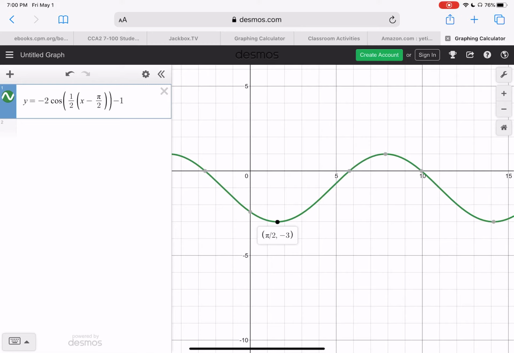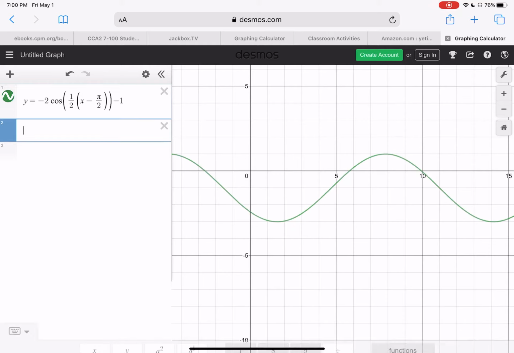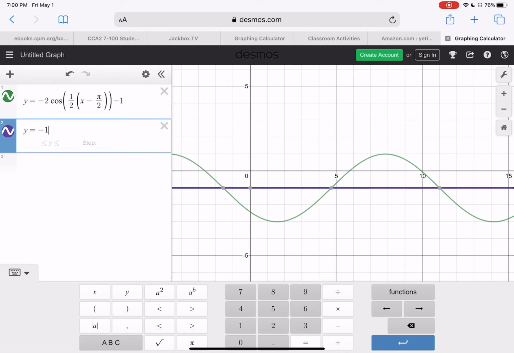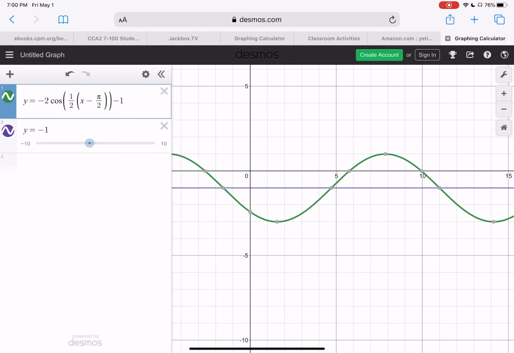My midline was -1, so let's see if my midline in this case is -1. We can check that by just typing in y equals -1 and see that it divides our graph directly in half. So I know that my shift worked out, my midline worked out.